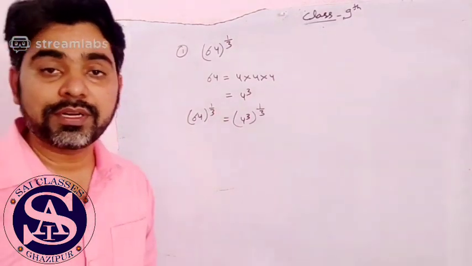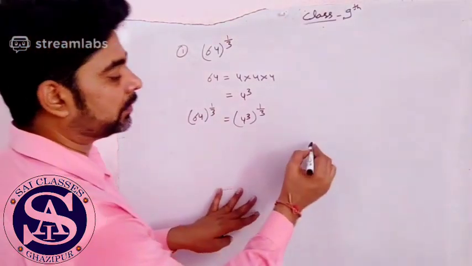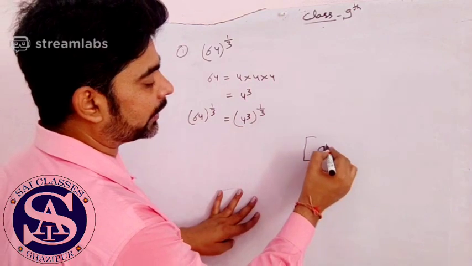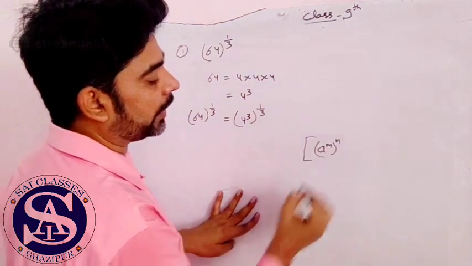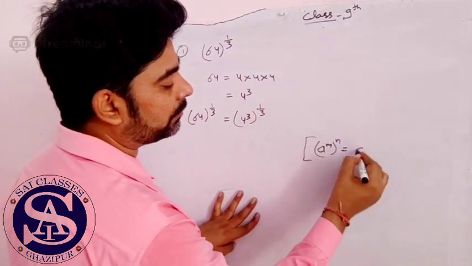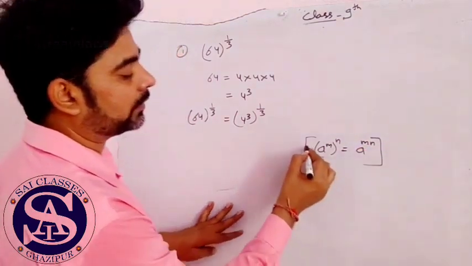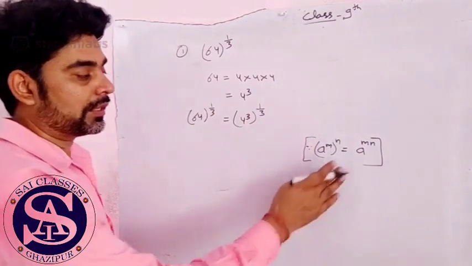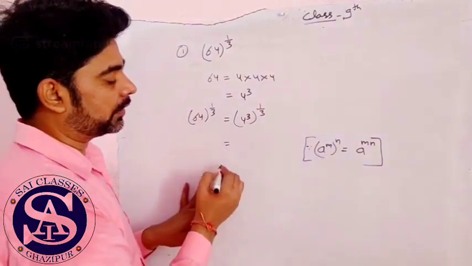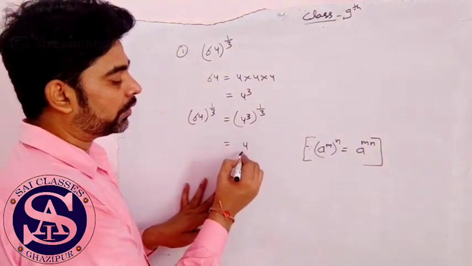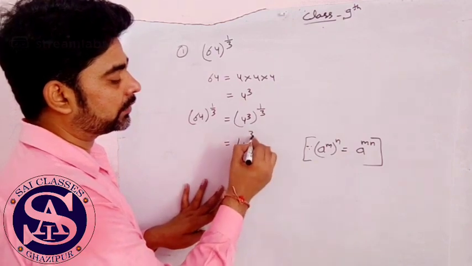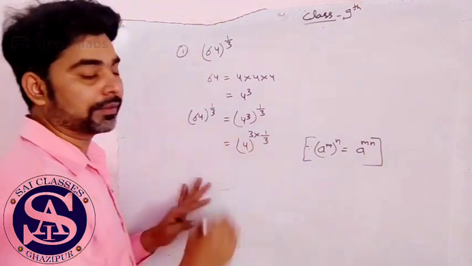As we learned, a raised to m whole raised to n is a raised to m multiplied by n. So we get 4 raised to 3 multiplied by 1 upon 3.